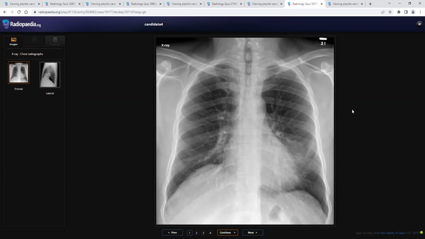What else? What do you do? I would like to do an HRCT thorax in this patient to better characterize the lesion. Why HRCT? The opacity is ill-defined. I think the bones are normal. No evidence of any erosion here.